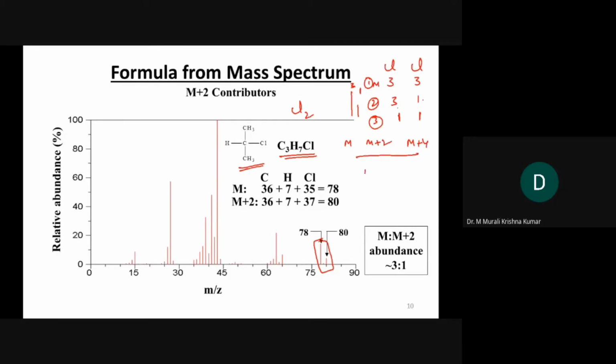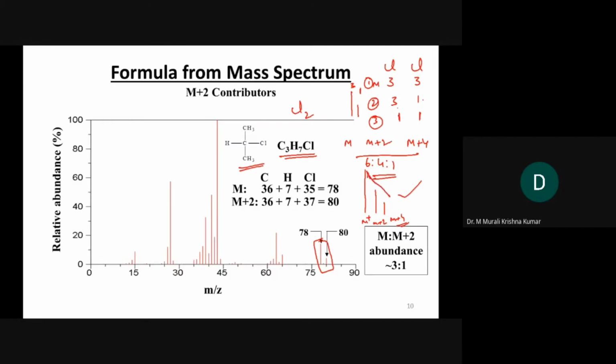So here the peaks will come like this, 6:4:1. So in this proportion, you will see the distribution of molecular ions M, M plus 2 and M plus 4. If more chlorines are there, proportionately you have to add them so that you will be able to get the appropriate figure.